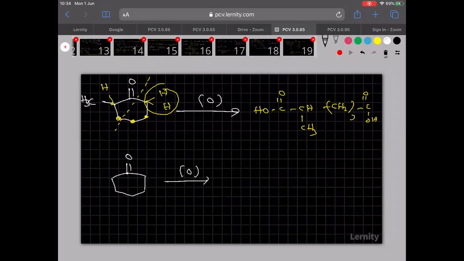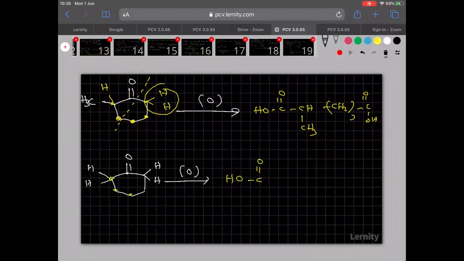So here you see now, both sides CH2 is there. So is this symmetrical or unsymmetrical? Symmetrical. In case of symmetrical, however you break, you will get the same product only. In case of symmetrical, there is no problem. So once you see, ketone converts into acid. Is it clear?